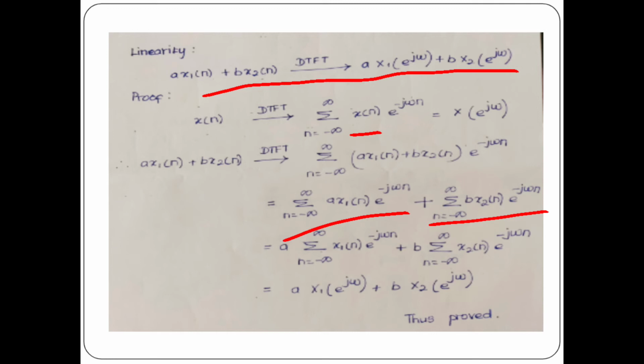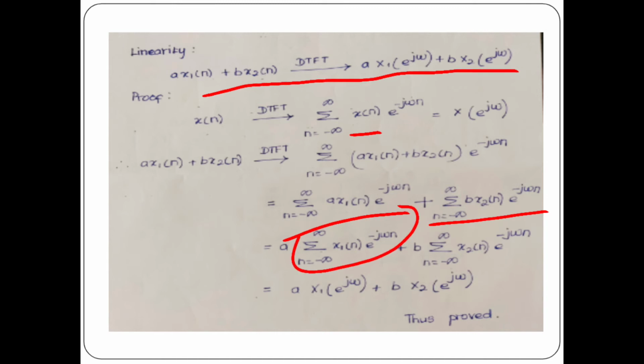The first term is summation n equal to minus infinity to infinity a x1 of n e power minus j omega n, plus summation n equal to minus infinity to infinity b x2 of n e power minus j omega n. So take a from the first term and b from the second term as constants. So what is this?